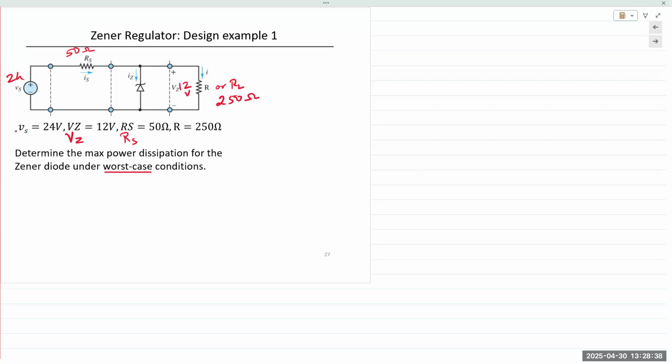If the Zener current is at a maximum, that means the load current IL is at a minimum. If IL is at a minimum, that means a large value for load resistance RL. And so that's where we begin our design problem.